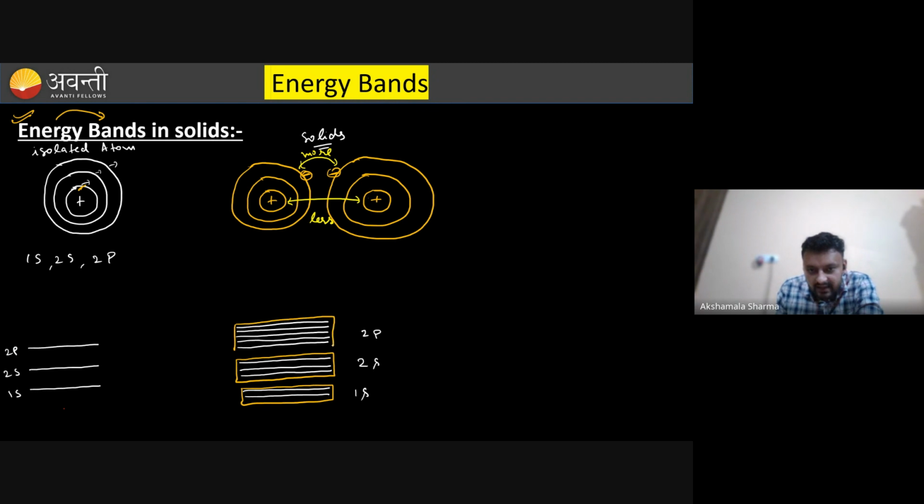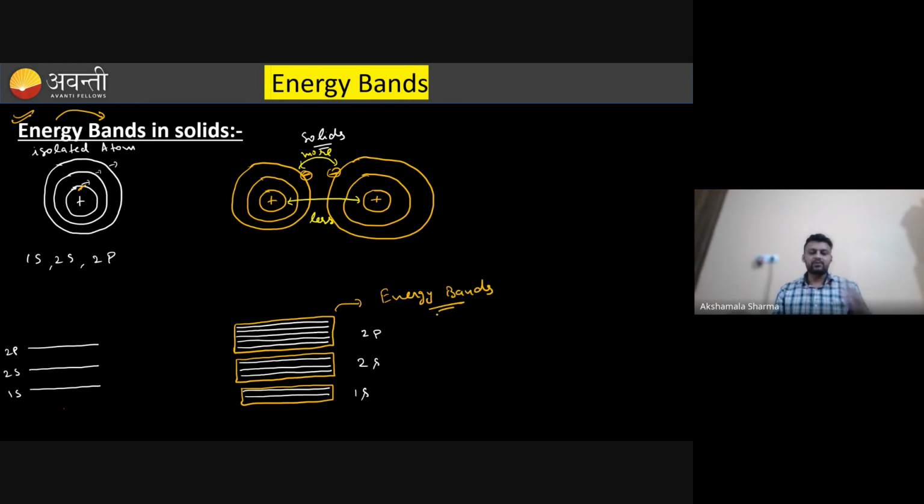So this collection of energy levels is called a band. If someone asks you what is an energy band, you can clearly state that the collection of energy levels of electrons in a particular shell is called an energy band. So these all are the energy bands.